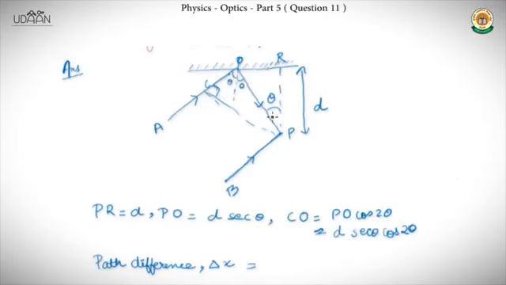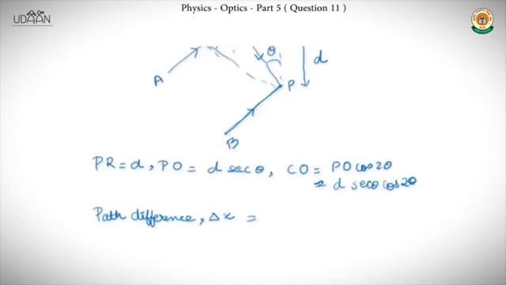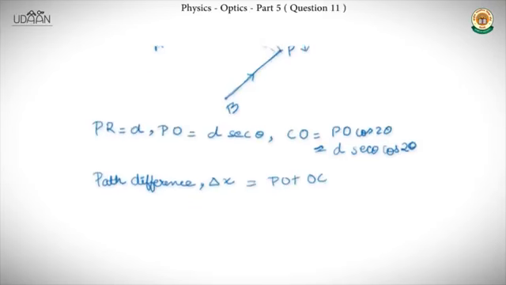As this is 90 degrees, this part has been traversed extra by this AC length. So the path difference will be the summation of PO plus OC, which is equal to d sec theta (1 plus cos 2 theta).